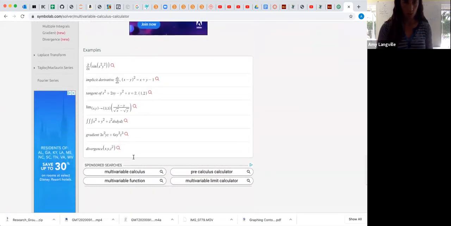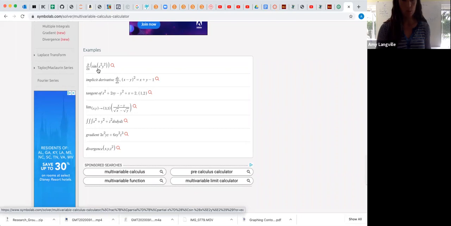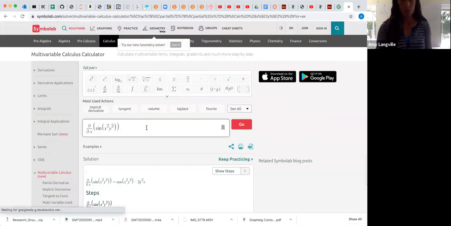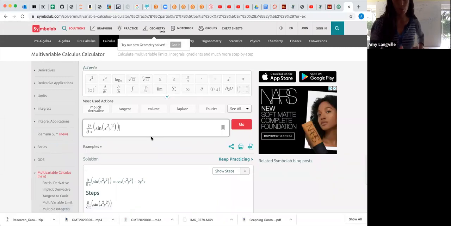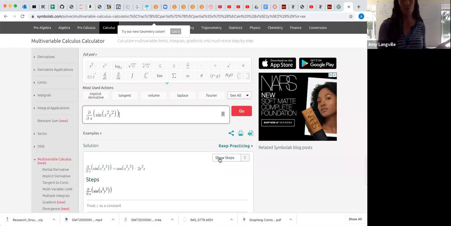And here are some examples of things that it can do with multivariable calculus. So you can take these kinds of partials, which again, you're going to need when you do the D-test. Symbolab is a little bit more limited, but one thing that is nice is that for the problems it can do, you can show the steps. A lot of times it'll come back and say, beyond my capability, just can't do that.